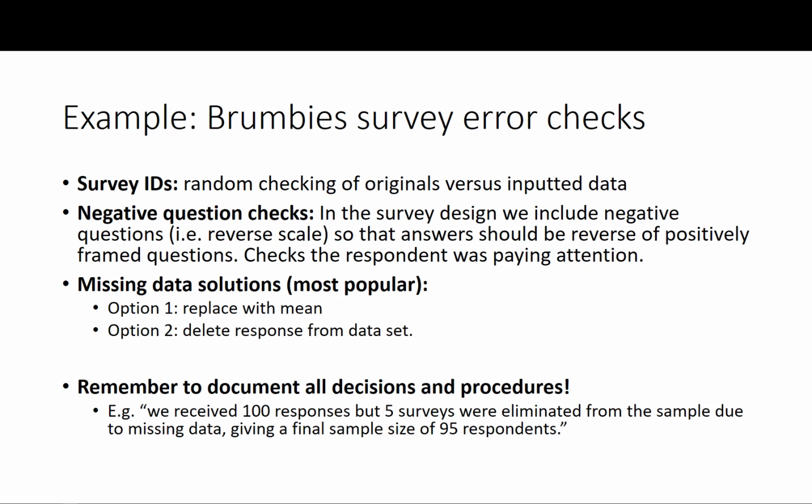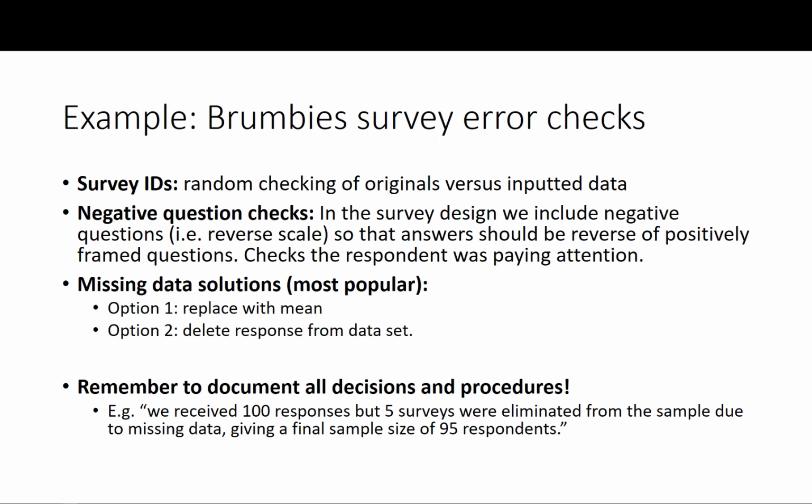Other error checks can be done. I talked about adding survey IDs or respondent IDs to the top of all of my handwritten surveys. That let me do random checking of originals versus the inputted data. We can do negative question checks. In the design, I had questions that were negatively phrased, and they need to be reverse coded.